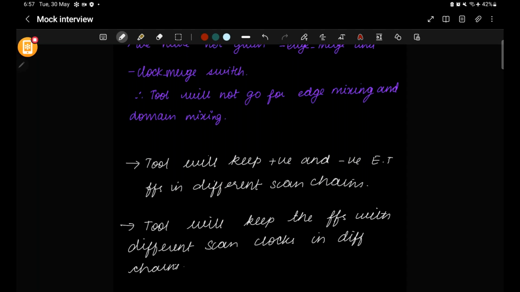So how will the tool place it? The tool will place positive flops and negative flops in different scan chains, and flops with different scan clocks into different chains.